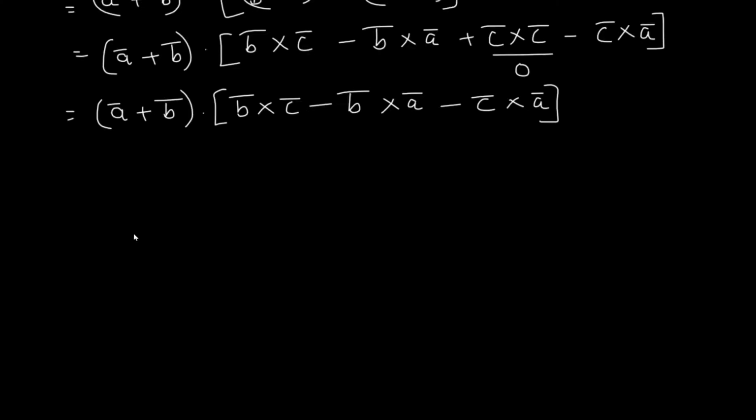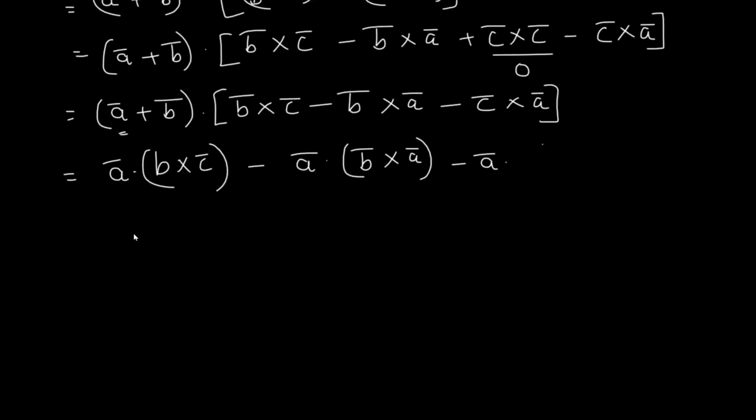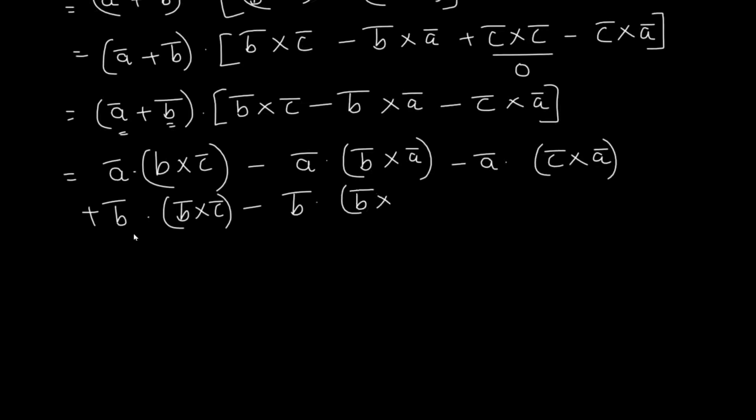We write the scalar triple product like this: A·(B×C) − A·(B×A) − A·(C×A). Same thing with B also, so we get plus B·(B×C) − B·(B×A) − B·(C×A).